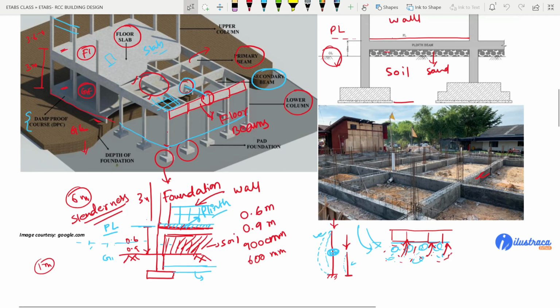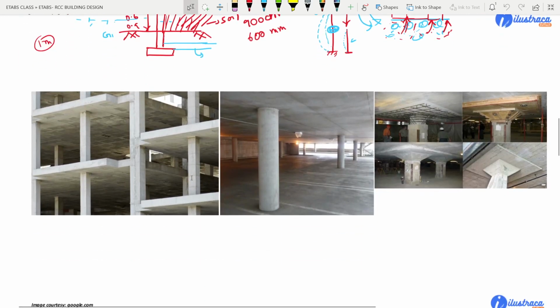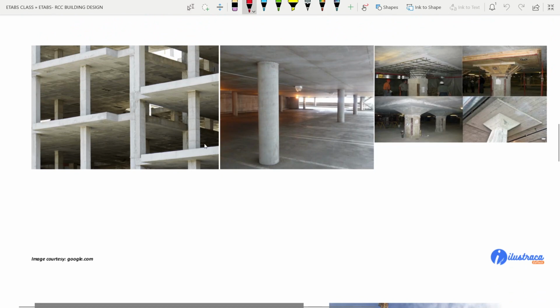Okay, now let me show you a few different kinds of structures in case of RCC. Here in this particular kind of structure, in these 1, 2, 3 images we have, you will see that we have slabs here, and we have columns, right?